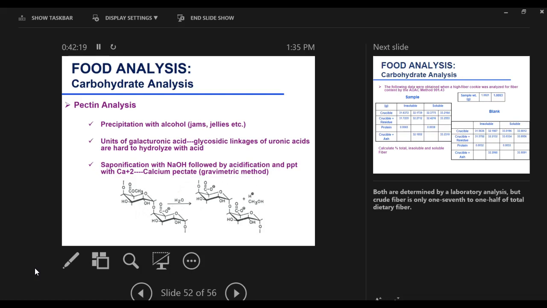After that I would have negative charges that can be precipitated by calcium ions to form calcium pectate. So these are precipitated and measured gravimetrically, so by weighing them.